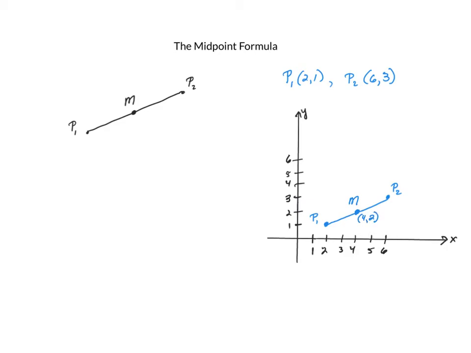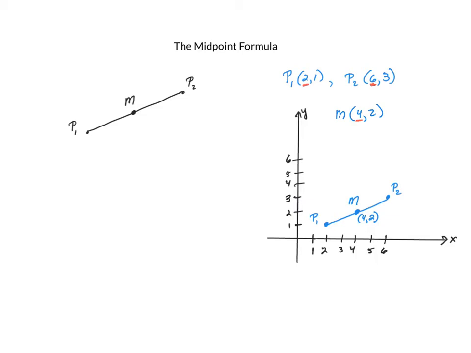Now let's compare that point to the endpoints. So we're saying the midpoint is (4, 2). Look at the x-coordinates of P1 and P2. They were 2 and 6. And the x-coordinate of the midpoint was halfway between the 2 and the 6. In other words, it was the average of 2 and 6.